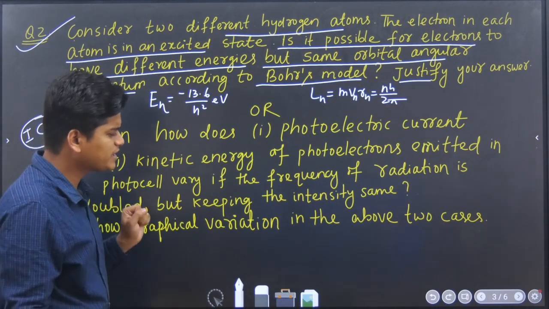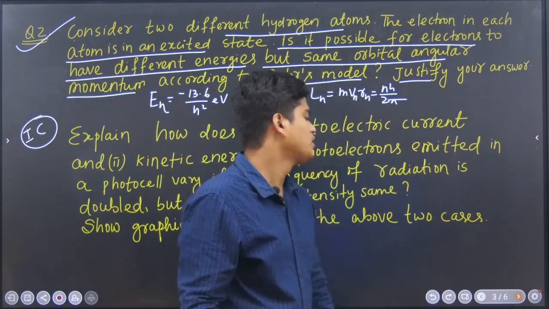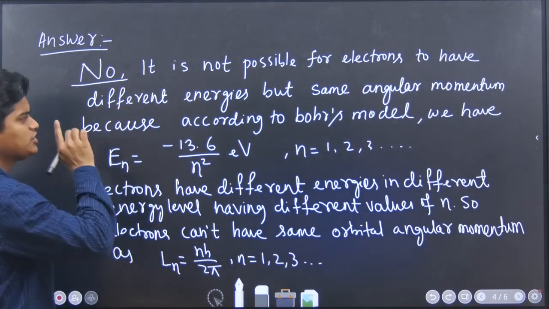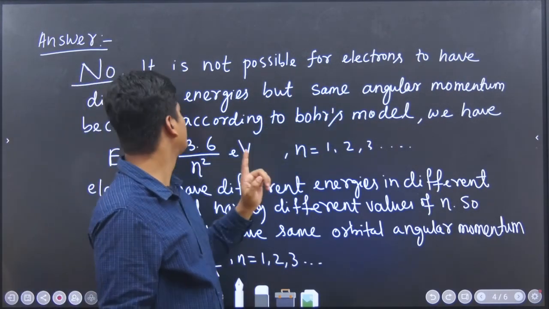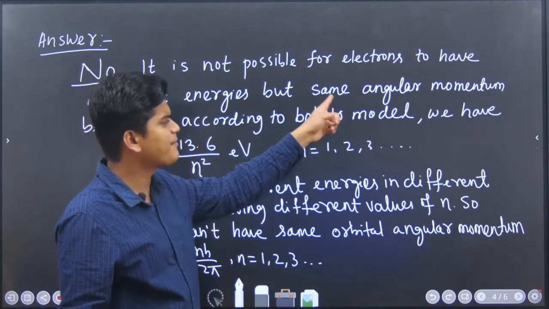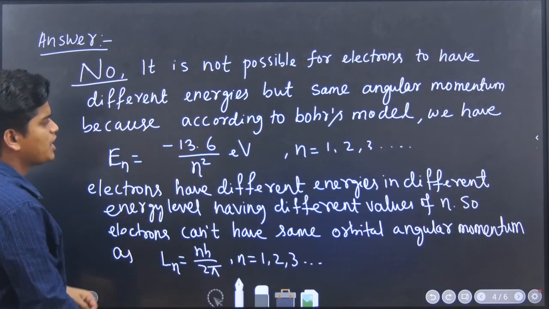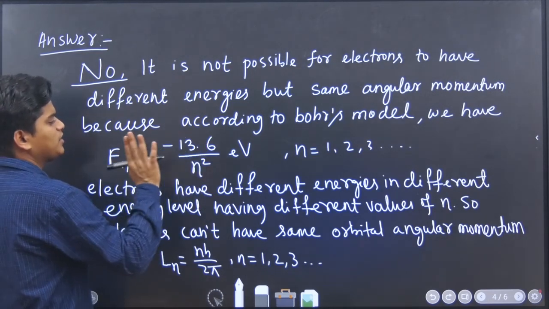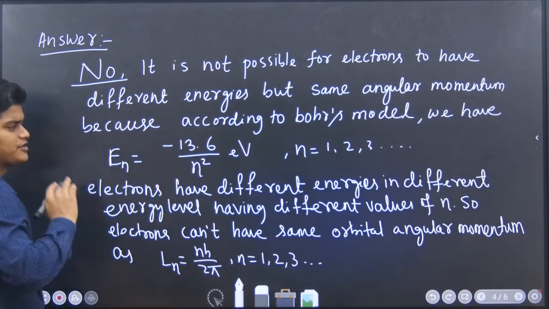So, how to write the answer? Now, come to the solution here. You write like this. First, write: no, it is not possible for electrons to have different energies but the same angular momentum, because according to Bohr model we have E_n equal to minus 13.6 electron volt by n square for the hydrogen atom.